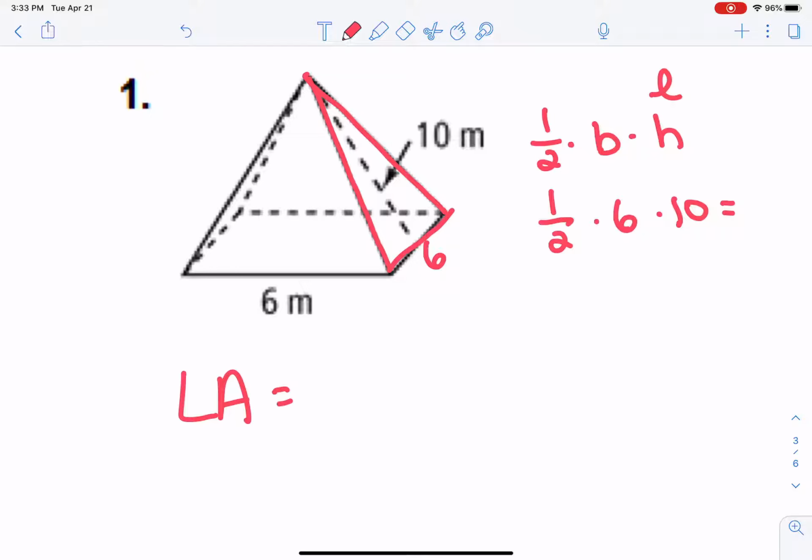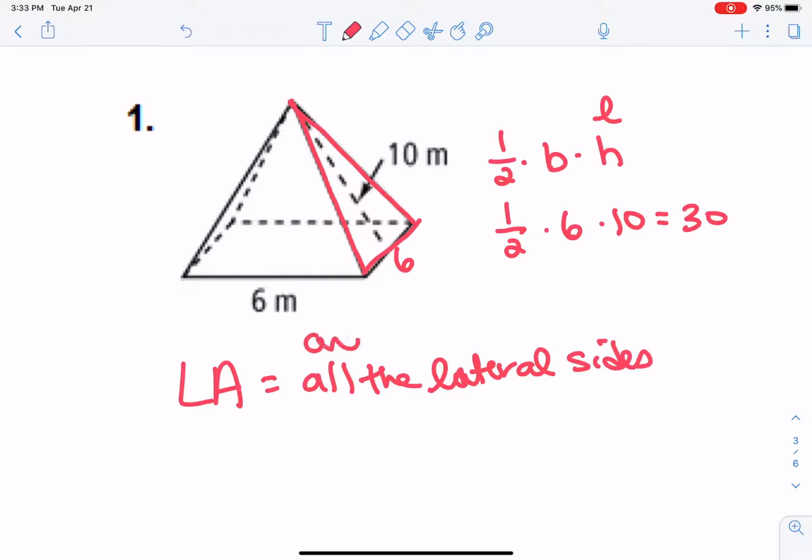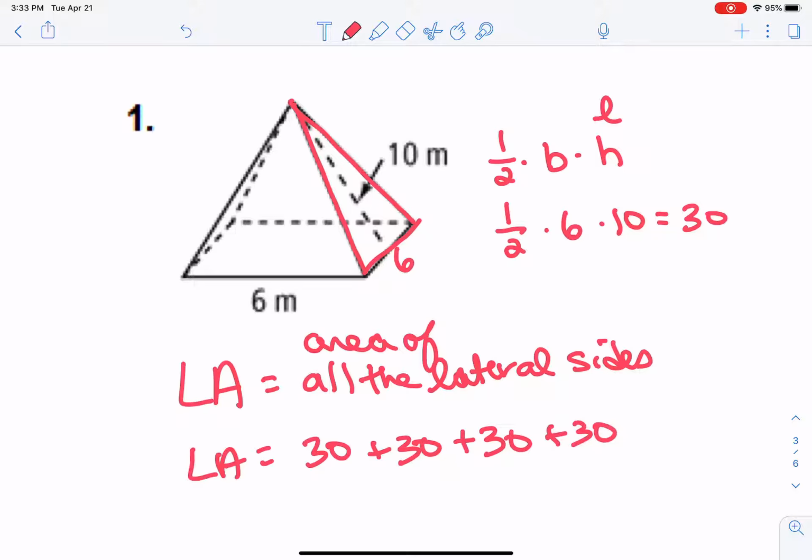And that would give me 30. So the lateral area, which is again all the lateral sides, the area of those, that would be 30 plus 30 plus 30 plus 30, which is equal to 120 meters squared.